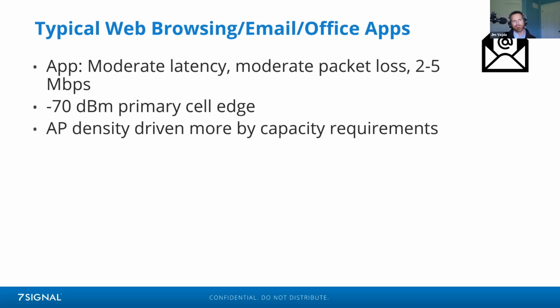But less than that is often not a problem. And you can achieve this without a huge amount of SNR, minus 70 dBm at the cell edge. And the density of APs is really driven more by capacity requirements, because you can meet these application requirements for a large number of users on a single AP.